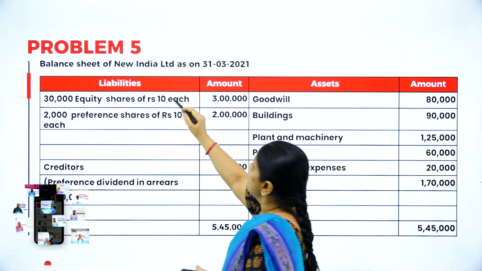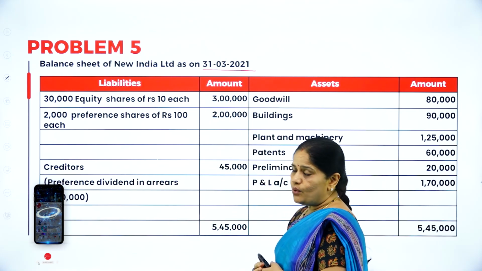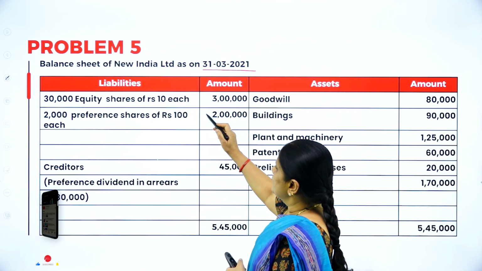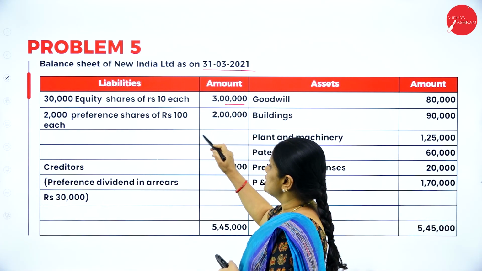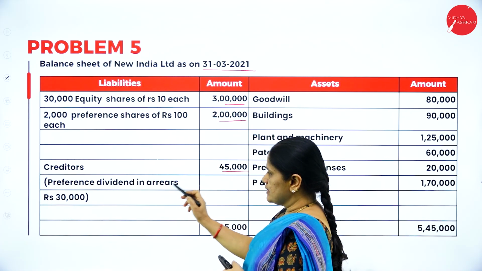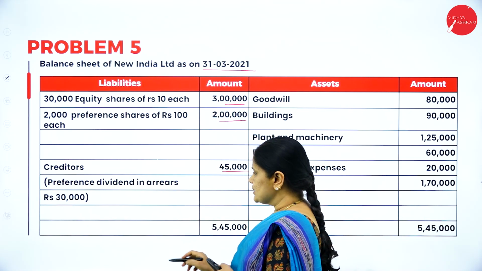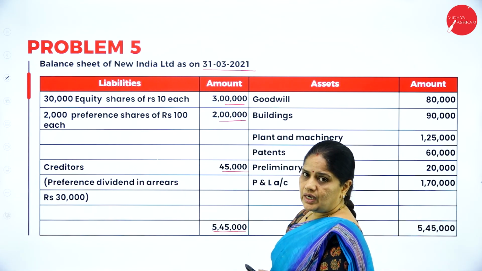Now this is problem 5. So let us see the problem here. The balance sheet of New India Limited as on 31/3/2021. 30,000 equity shares of rupees 10 each, 3 lakhs. 2,000 preference shares of rupees 100 each, 2 lakhs. Creditors 45,000. Preference dividend in arrears rupees 30,000. Total 5,45,000.